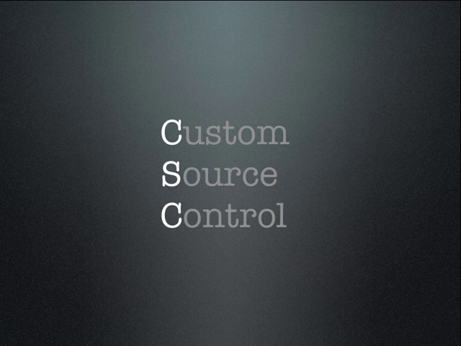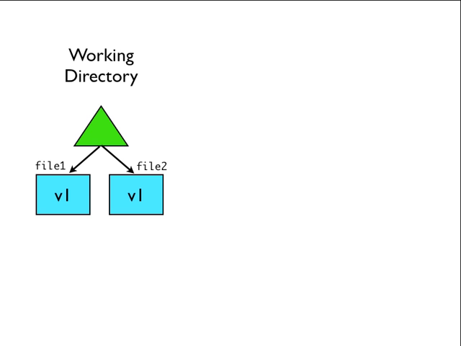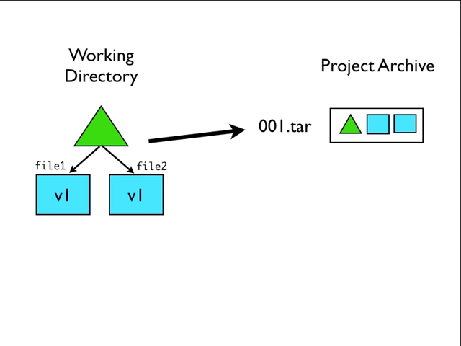And we'll start by thinking back to the old days. Back in the old days, when we were working on a system, we'd have a working directory of our files. In this case, we have file 1 and file 2. And whenever we wanted to save off this data, we would create a snapshot. Just use a tar command or maybe a zip command or some other type of command that takes all the files in our directory and packages them up in a single file.